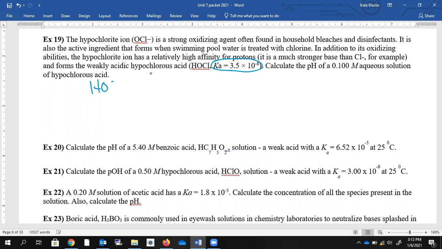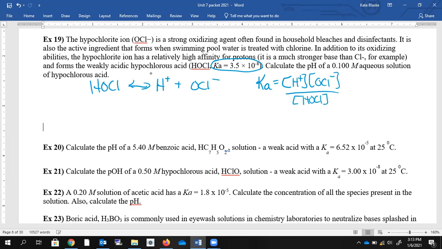So HOCl, in equilibrium because it is a weak acid, produces H plus, donating away that proton, and the OCl minus is the ion left over. That is our A minus ion. The equilibrium expression is H plus times OCl minus over HOCl, with no exponents because everything has a coefficient of 1.